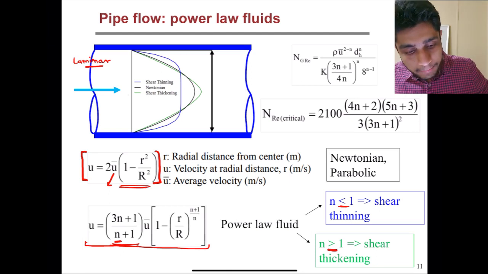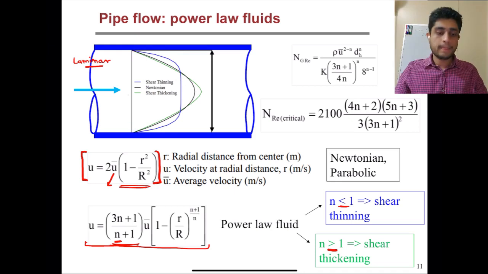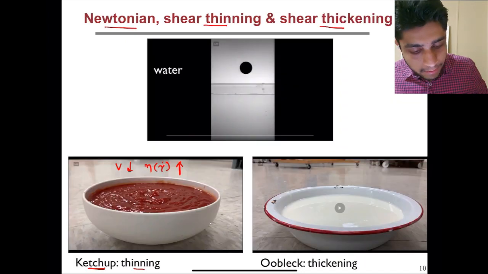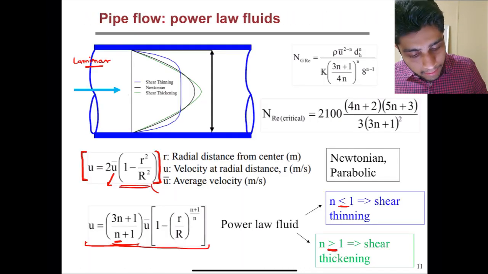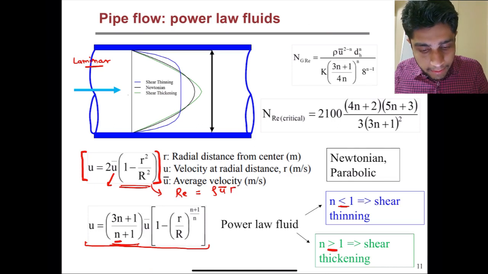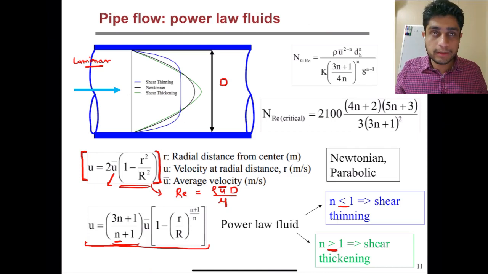So a shear thinning fluid has a blunt velocity profile like this, which is shown in blue here, while a shear thickening fluid has a sharper profile, which is shown in green. And for a Newtonian fluid, the Reynolds number can be easily defined based on the average velocity as rho u bar d, where d is the diameter of the pipe, divided by the viscosity mu, and viscosity is constant.